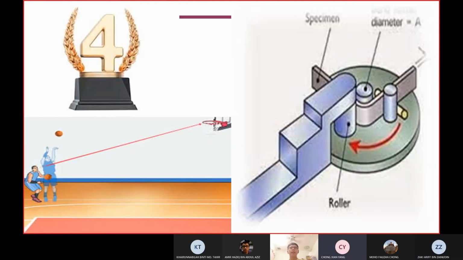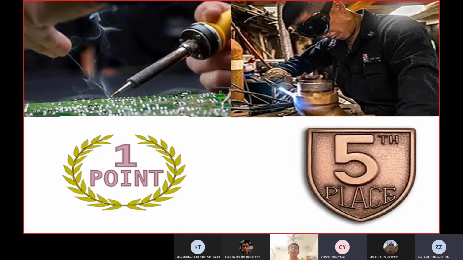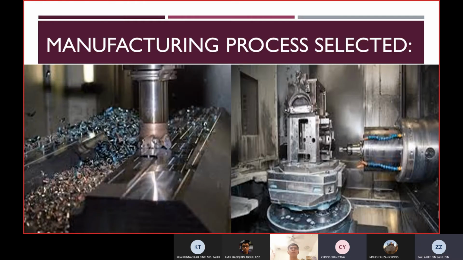Fourth place is formability with 3 points in total. Brushability is last place with only 1 point. In conclusion, machinability is our selected manufacturing process, and machining has been selected for the 3 materials.